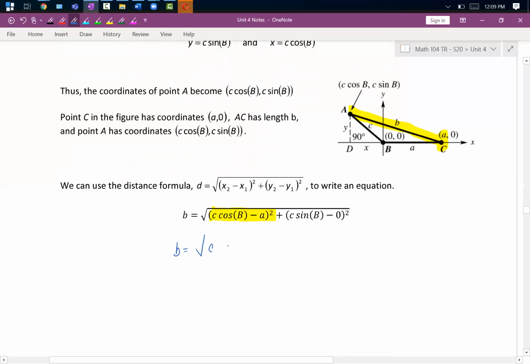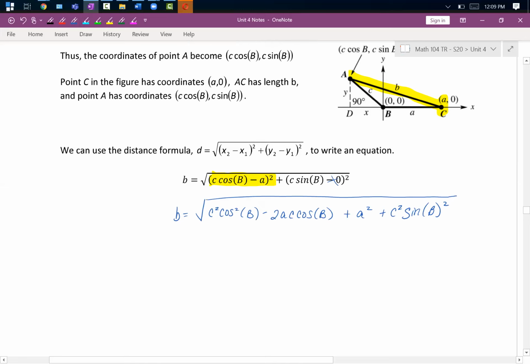When we do that, it becomes c squared cosine squared B minus 2ac cosine of B plus a squared. And now here, c sine of B minus 0, that minus 0 just is gone. So really it's just c squared sine squared B. All right, I'm just going to do some rearranging. I want to move this towards the front.